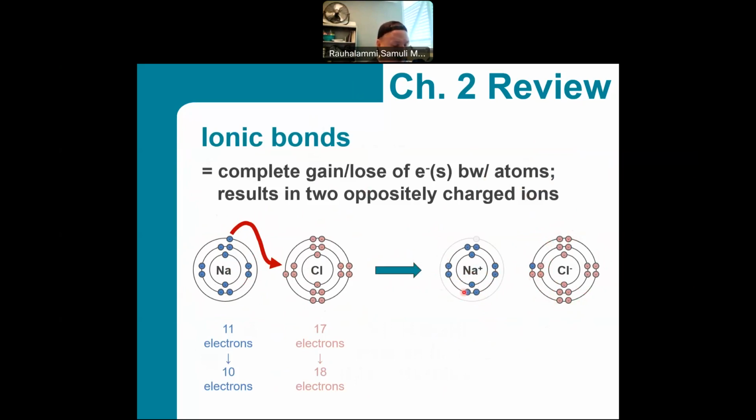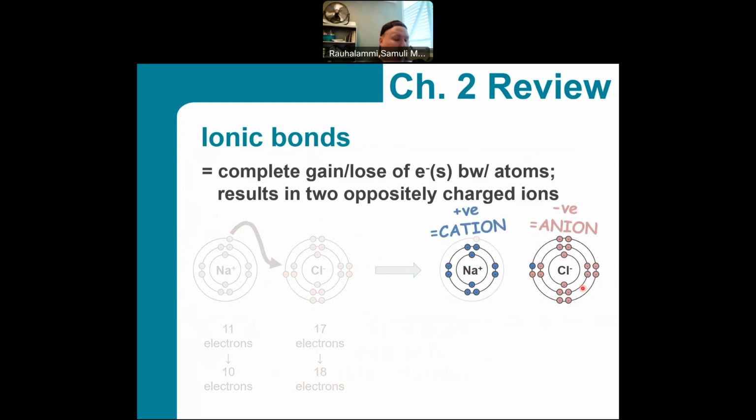So overall, sodium became slightly positively charged and chloride became slightly negatively charged simply because of where that single electron with its negative charge moved to. Well, what we end up seeing is that an atom that is slightly positively charged, we call a cation. And when we have an atom that's slightly negatively charged, we call it an anion.